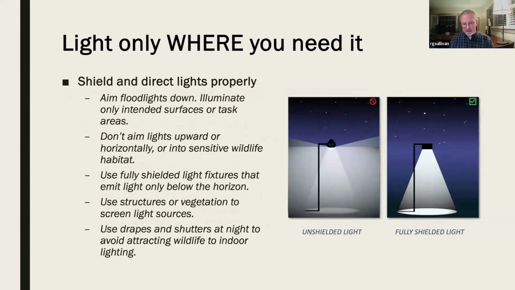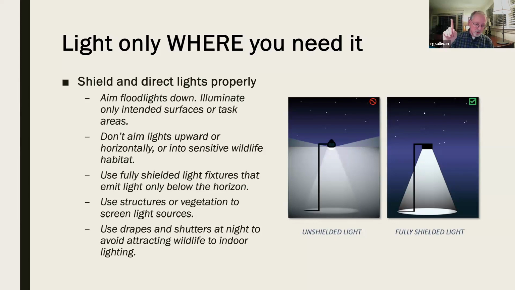You can get shields, or especially if you're installing new lights, you can get them with shields on them, just something that comes out around the bulb so that light is not scattered out toward the side. You really want to avoid horizontal lighting.